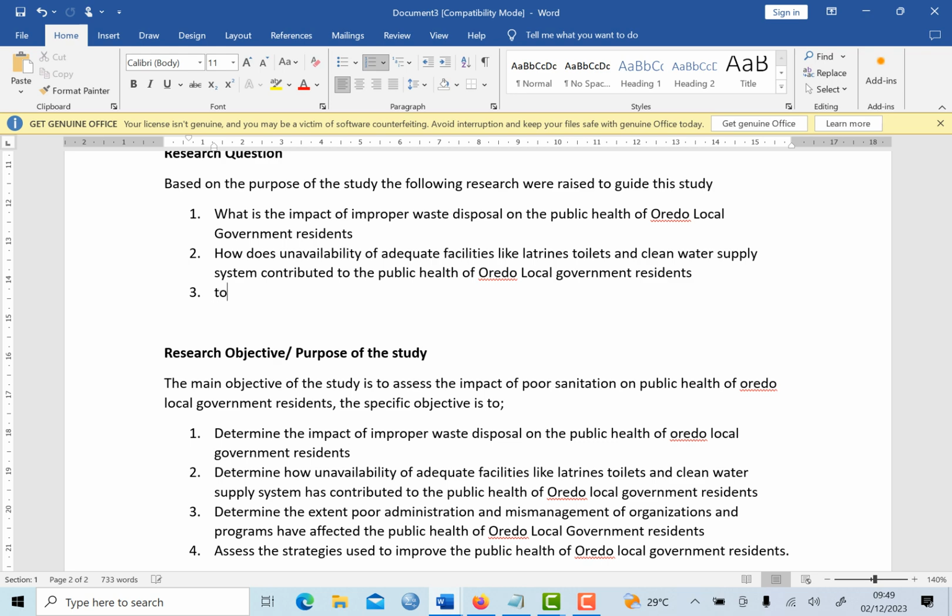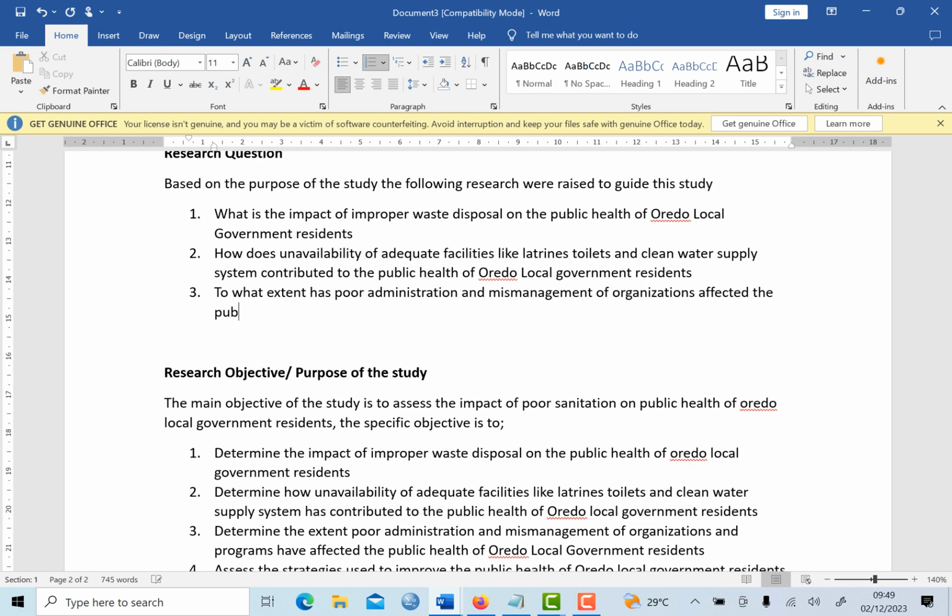So you say, to what extent has poor administration and mismanagement of organizations, programs, insurance, pensions affected the public health of blah blah blah blah. You know what to put there.